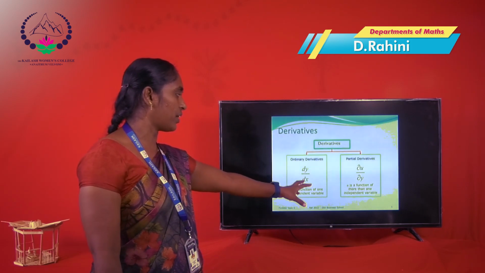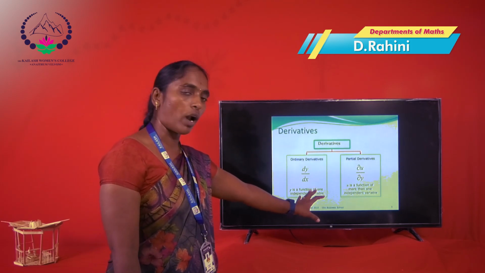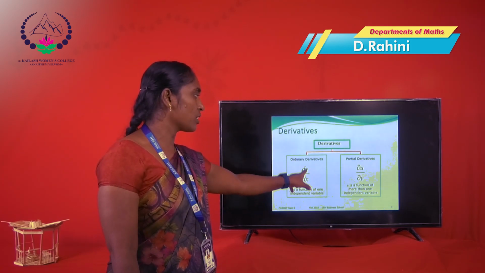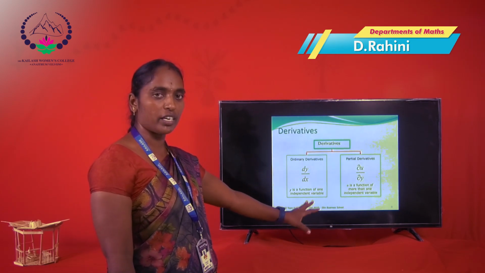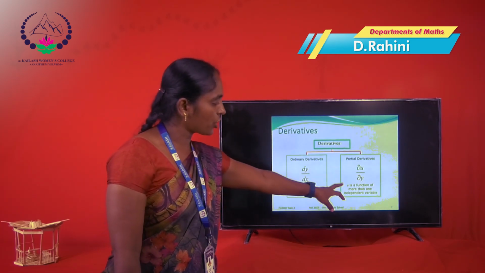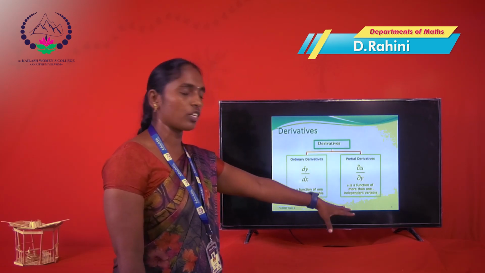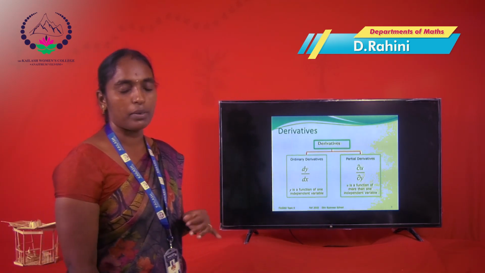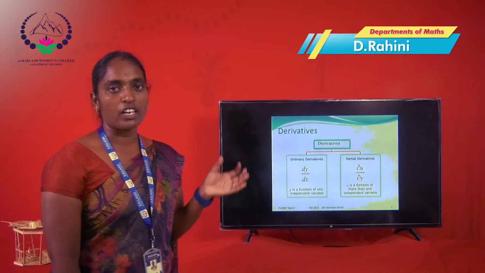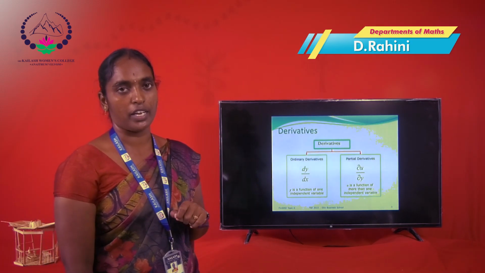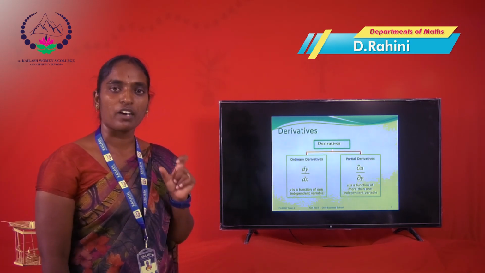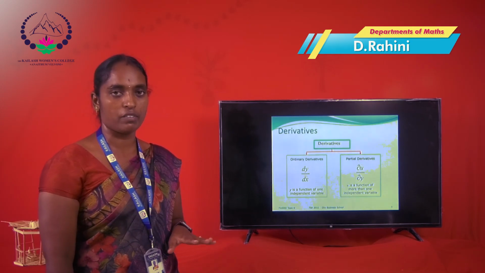In ordinary derivatives, y is a function of one independent variable. A partial derivative, in the sense that u is a function of more than one independent variable. In ordinary derivatives, the function depends on only one independent variable. In partial derivatives, the function depends on one or more independent variables.